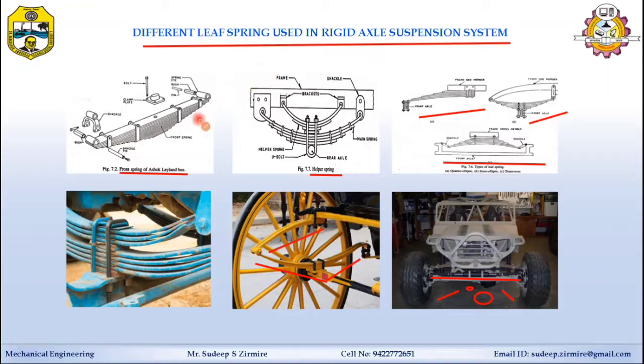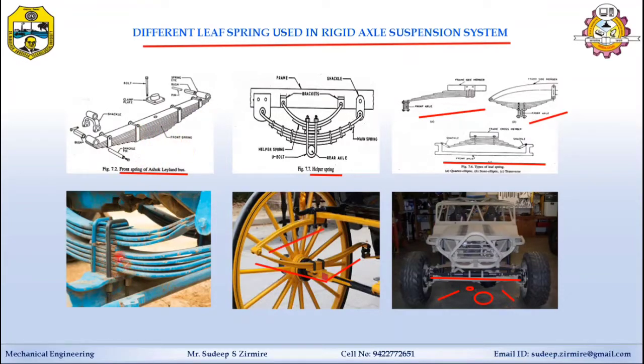Why? Because when the vehicle comes across a bump, both springs should vibrate at different frequencies. So it means it opposes the vibration of the other spring and it minimizes that vibration. For that purpose, the lengths of the front and rear suspension springs are different in the vehicle.